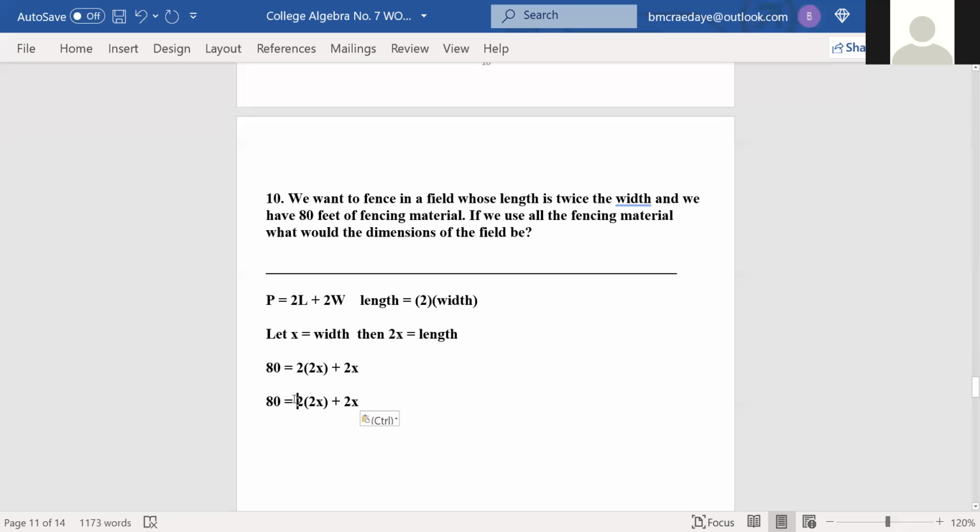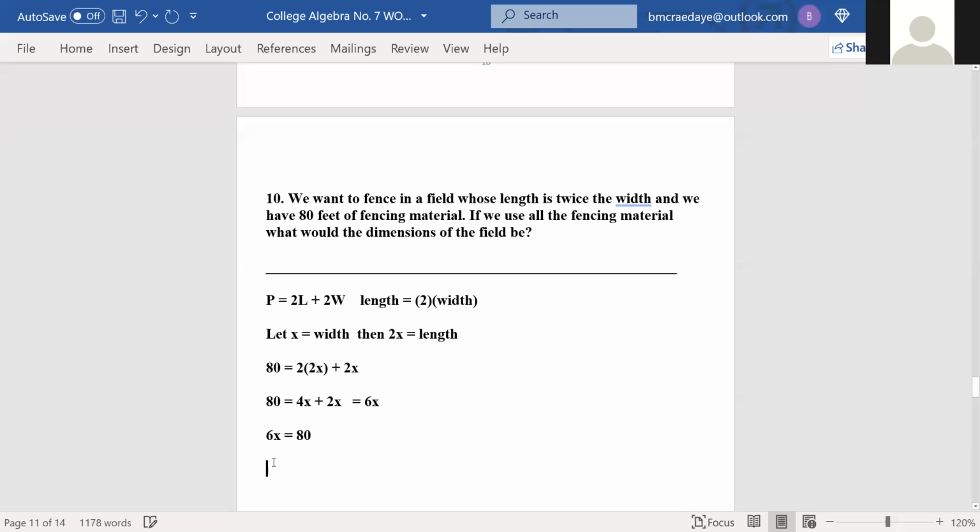This will be 4x plus 2x. And 4x plus 2x equals 6x. So I'll just put the 6x in front, equals 80.